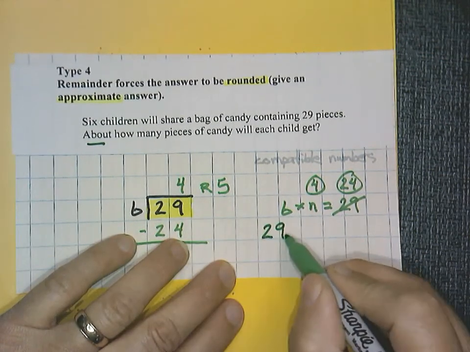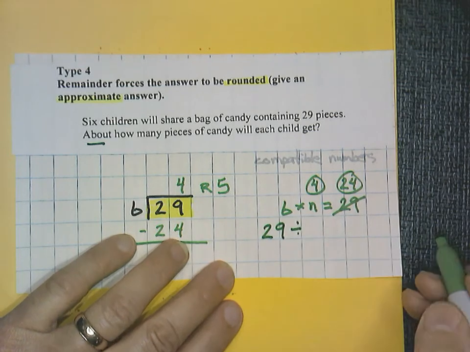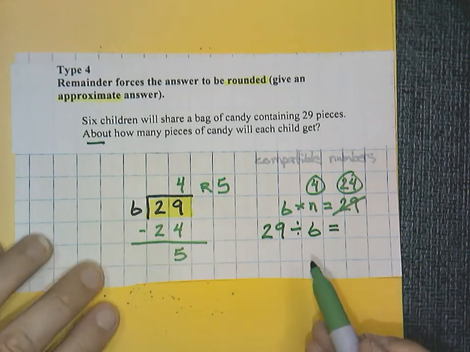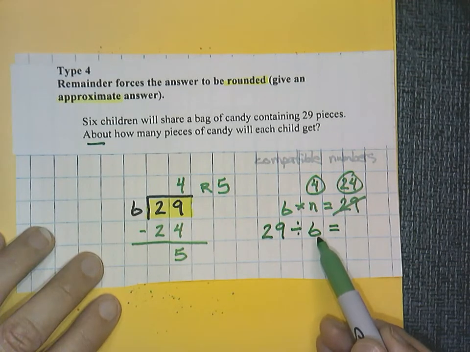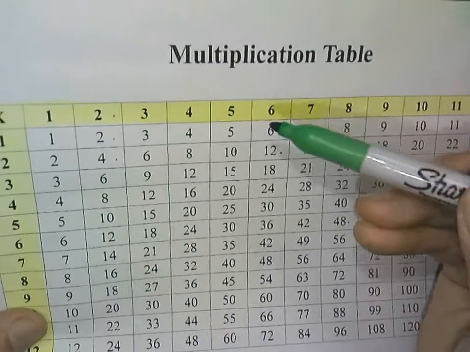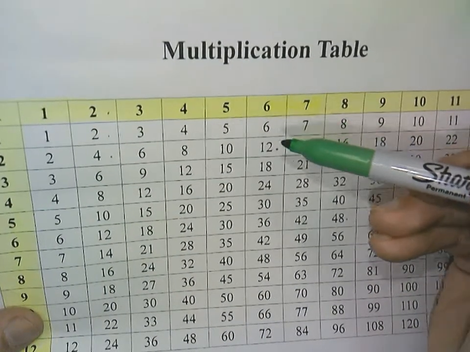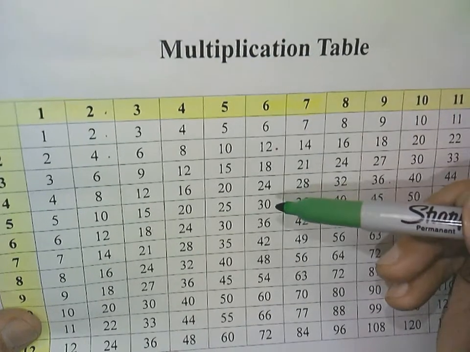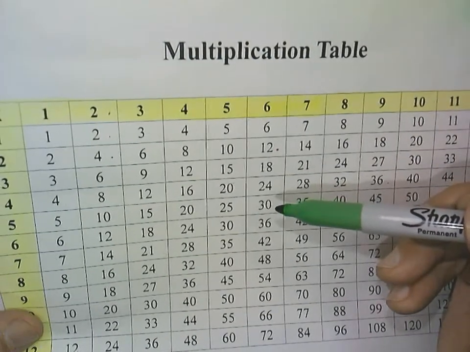It's 29 divided by 6 equals, I want to find a compatible number for 6. I want to get as close to 29, and in this case, I am allowed to go over. The closest is 30, and you can see that that would be 5.